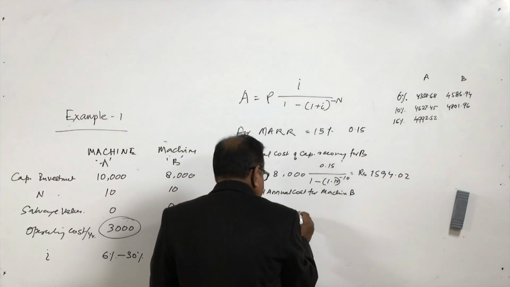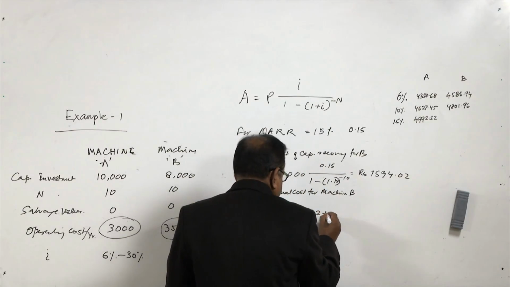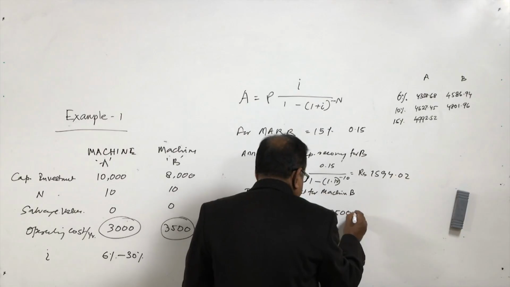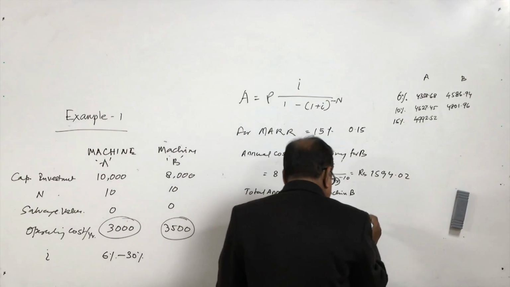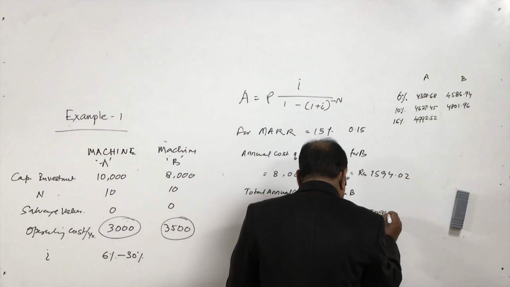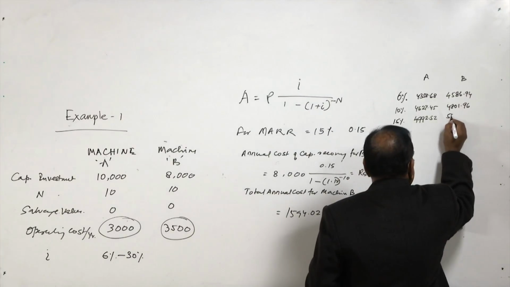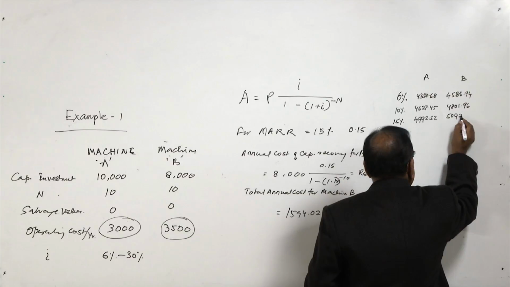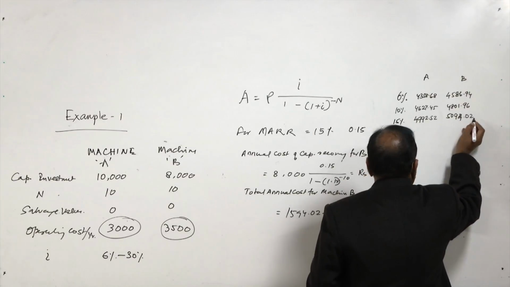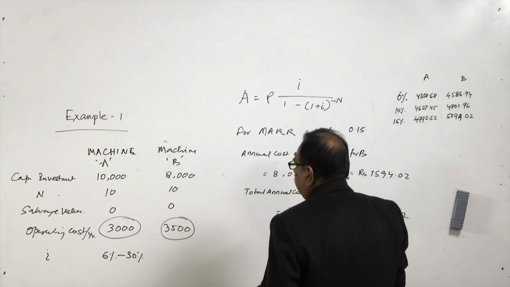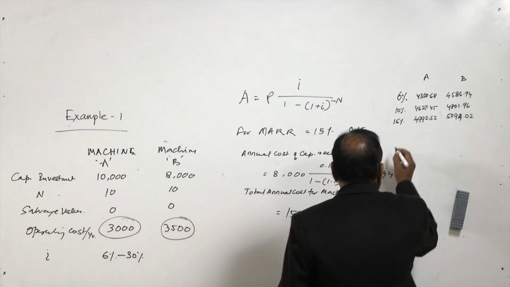This is 1594.02 plus 3500, which comes out to be 5094.02. So, this is 5094.02. Now, similarly, we have to compute up to 30%.